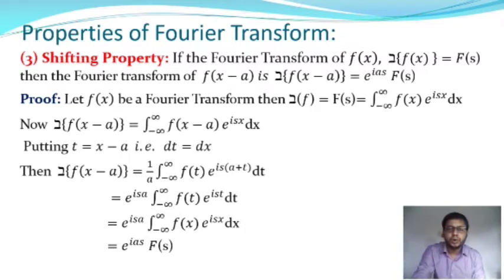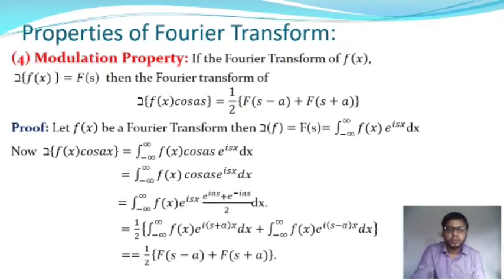After that we are going to talk about the fourth property of Fourier transformation. So the fourth property will be the modulation property of Fourier transformation. So here is the statement: if the function f of x has the Fourier transformation in the interval minus infinity to plus infinity, then from the definition of Fourier transformation, zeta of f of x is equal to F of s, and this is equal to the integral from minus infinity to plus infinity of f of x into e to the power i s x into dx.